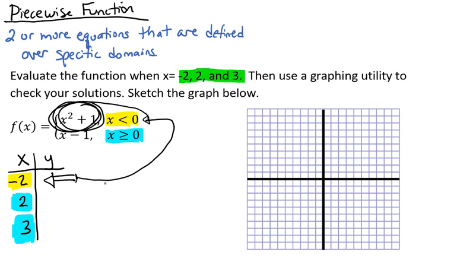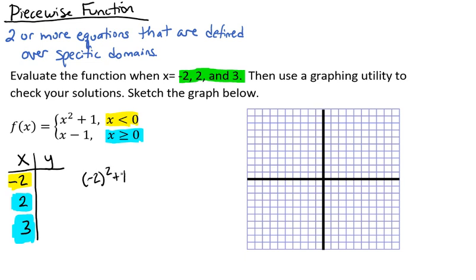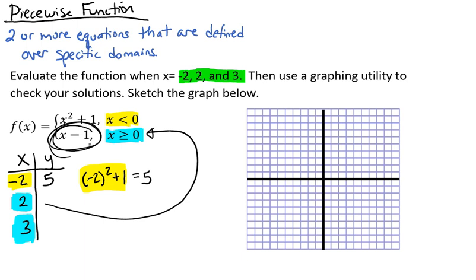Okay? So let's go ahead and clean that up a little bit. We're going to take our -2 squared plus 1, and we're going to see that that's going to give us a 5. So 5. That was our first equation. To evaluate our second one, we're going to use the equation that goes with our second domain, which is x minus 1.